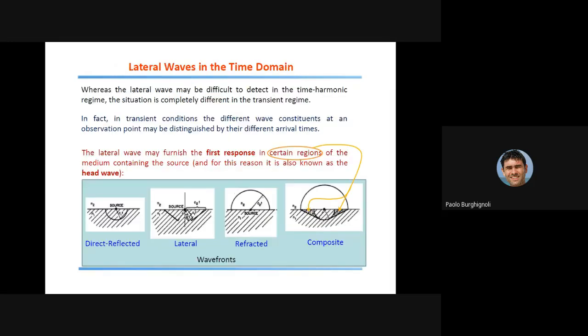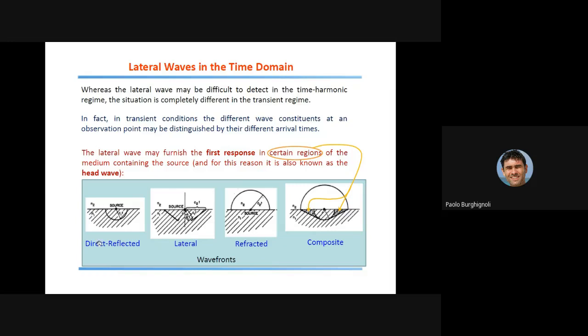Very different is the situation in the time domain. In the time domain, it's easy to detect the lateral wave because in the transient condition, each wave species has its own speed, so it arrives at the observation point at different times. So you can distinguish the various wave species by observing things at different times.